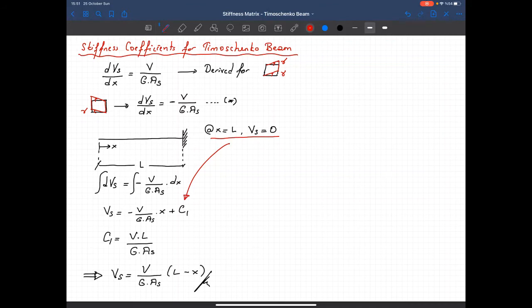So now let's determine the stiffness matrix coefficients. I will again use the right hand side of this paper, and I will use the same approach as we did before for the stiffness matrix coefficients.